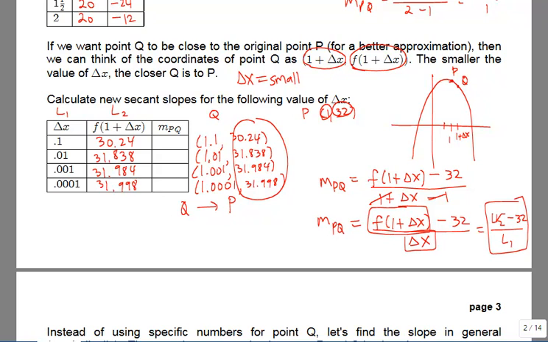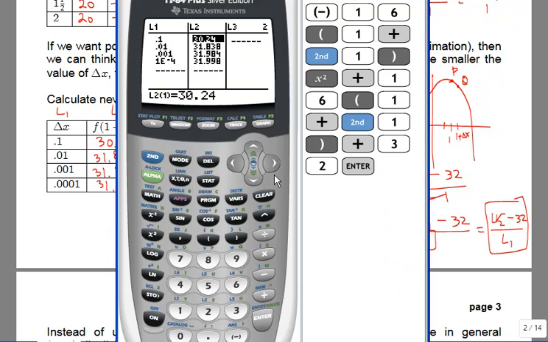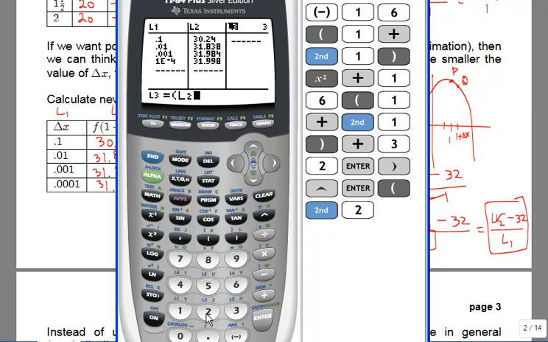So if I pull up my calculator, I'm going to arrow over to the top of list 3 and calculate my slopes. My slopes are the y's subtracted, and the y's of point Q are right here in list 2. So I want parentheses, list 2, minus the y coordinate of point P, which we knew was 32. So there's the difference in my y's.